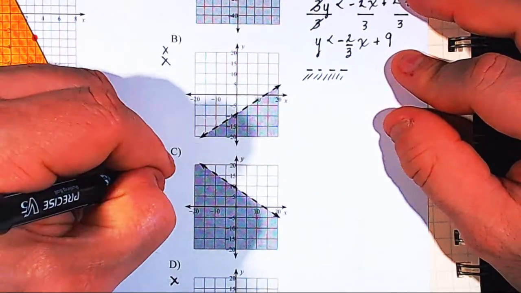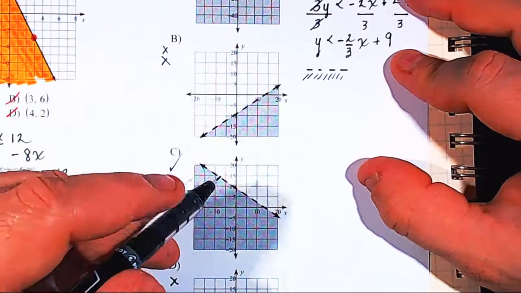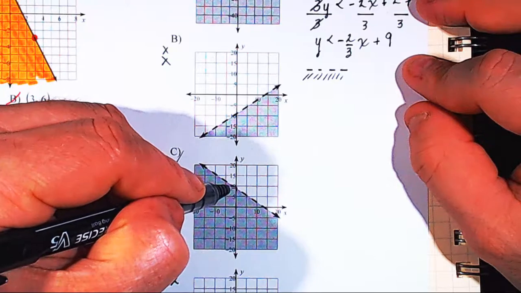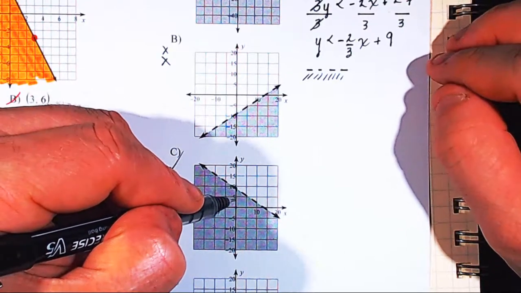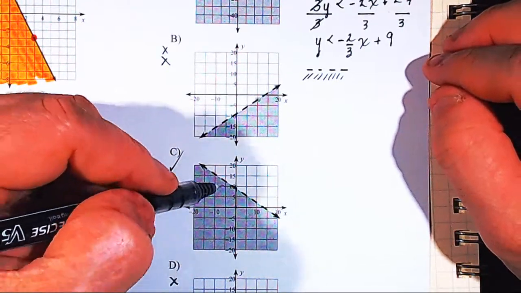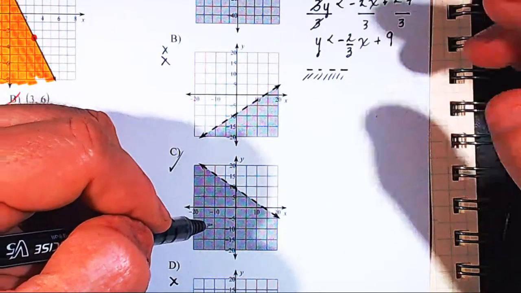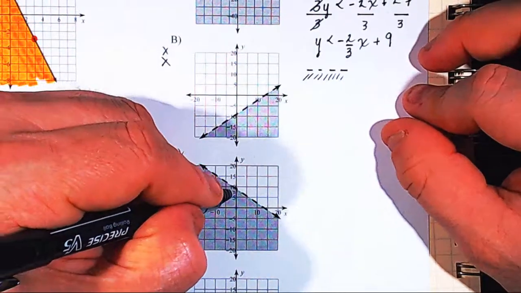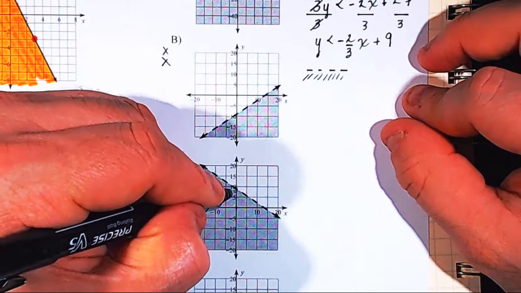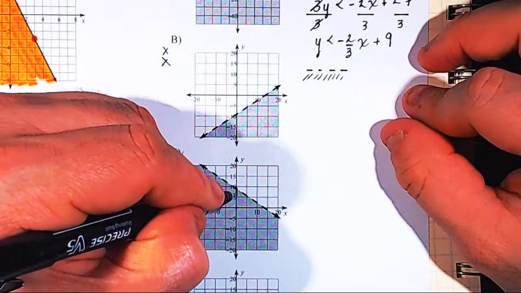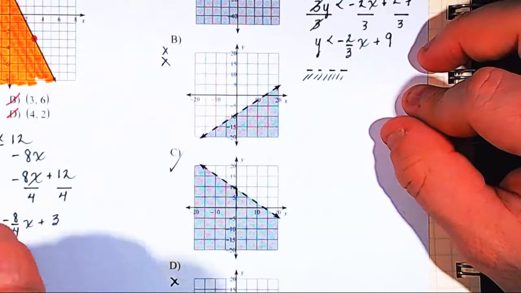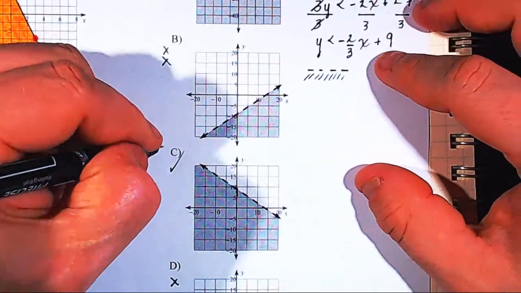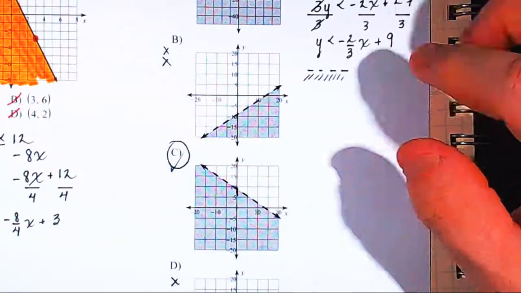That's enough right there to stop working, but we can double check the slope. Starting at 9, if we go down 2 and over 3, we should arrive at a point on the line. It's really hard to do, but if you go down 2 visually and over 3, you'll hit that line. But right there, that was enough information to know that C is the correct answer choice.